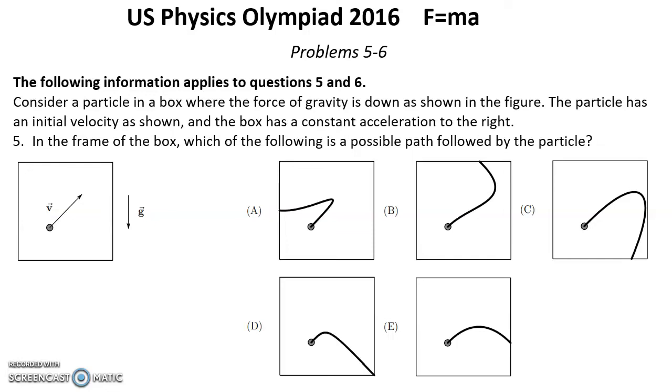The particle has an initial velocity as shown, and the box has a constant acceleration to the right. Problem 5. In the frame of the box, which of the following is a possible path followed by the particle?